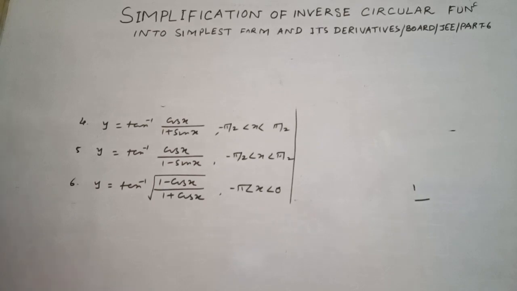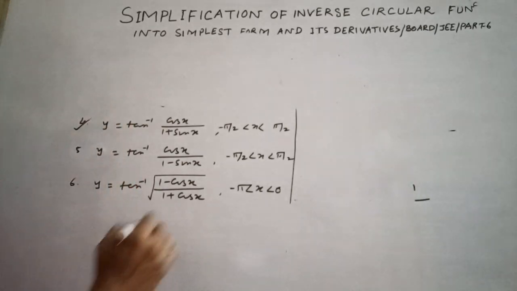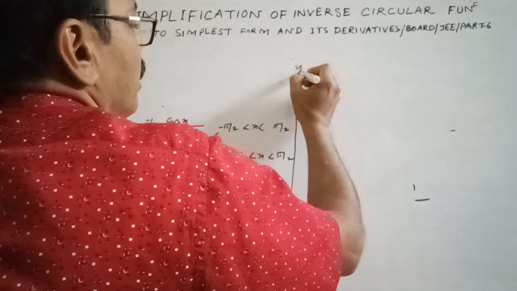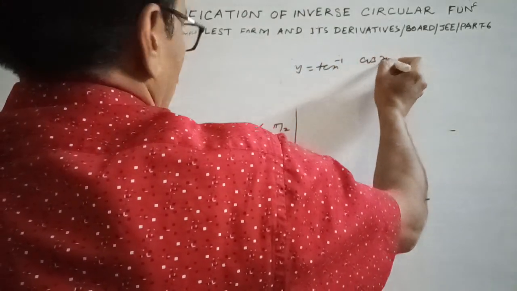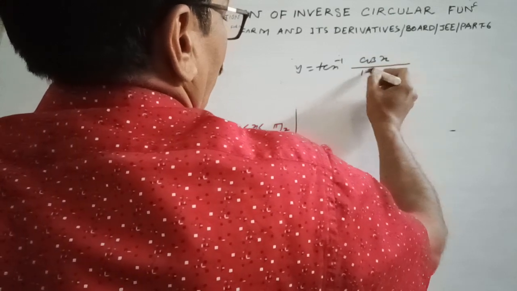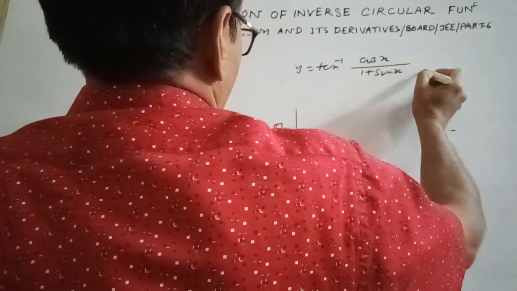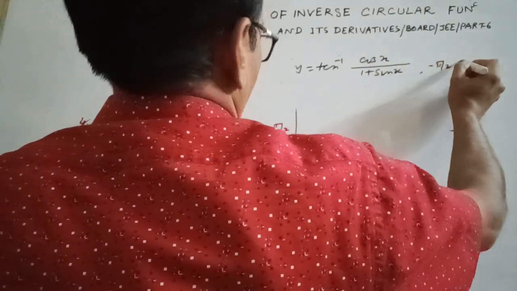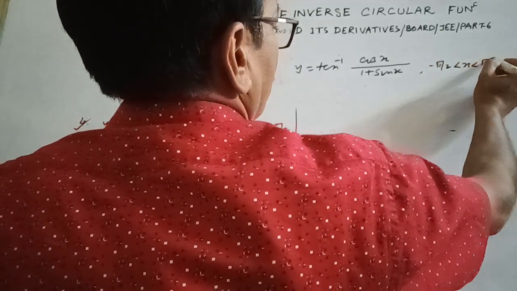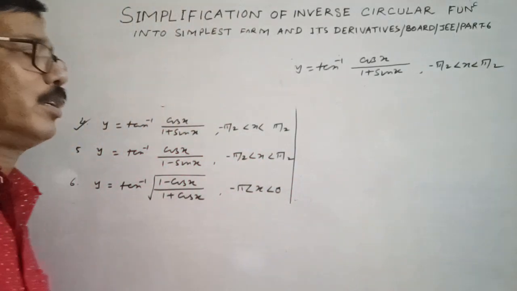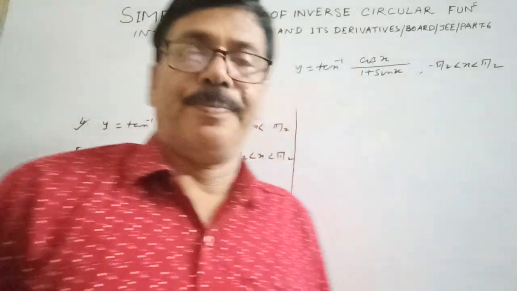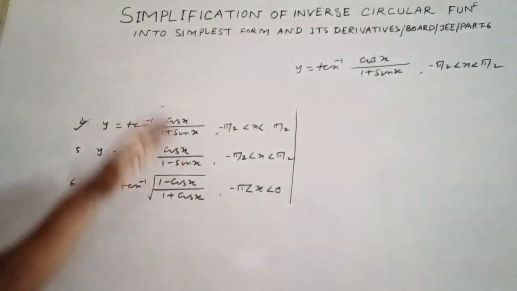Now, problem number 4. y equals tan inverse of cos x by (1 plus sin x). There is a restriction: minus pi by 2 less than x less than pi by 2. So this is our restriction. First we simplify it.